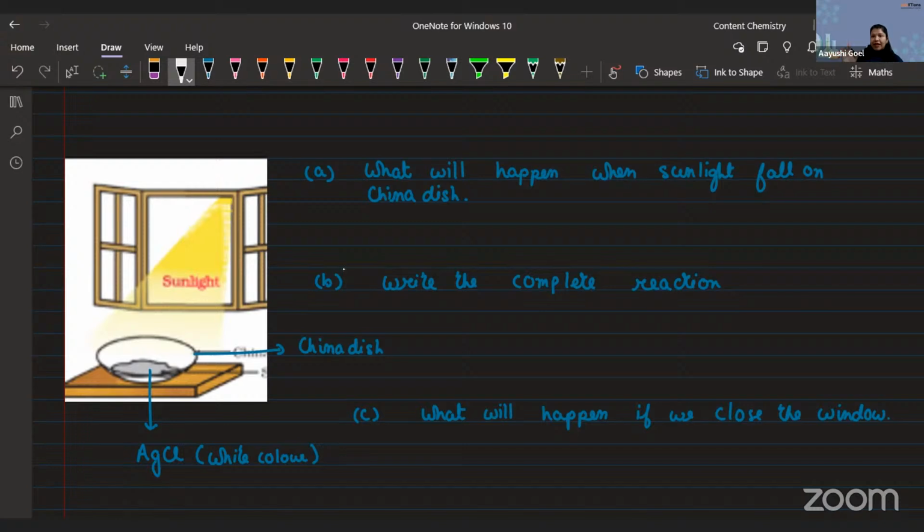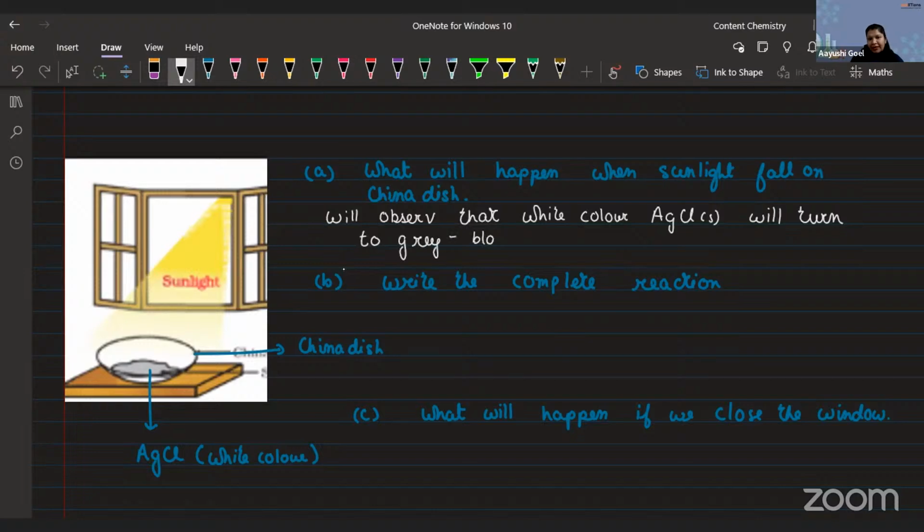So the first step, what will happen when the sunlight falls on the China dish? You will observe that white color AgCl solid will turn to gray black color.